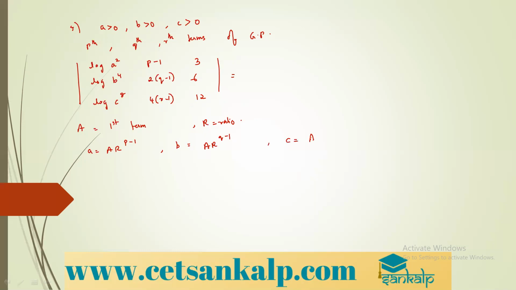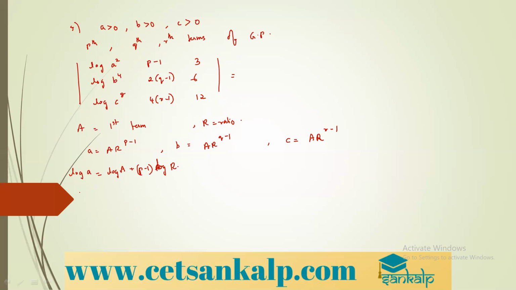Small c will be AR power R minus 1. Now here, if I take log, log a will be equal to log A plus P minus 1 log R. Am I clear?